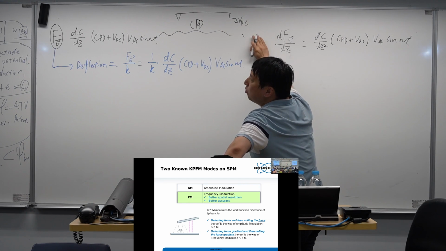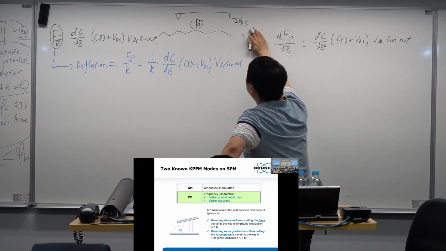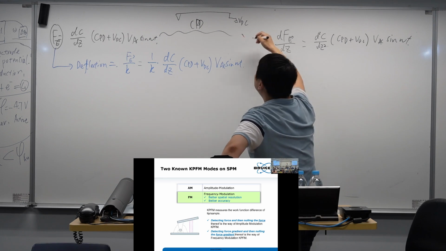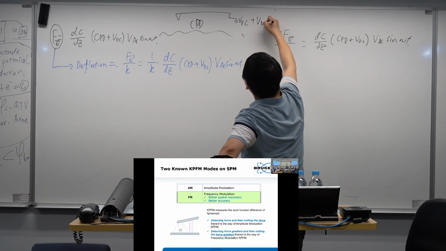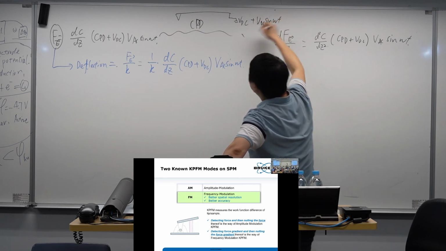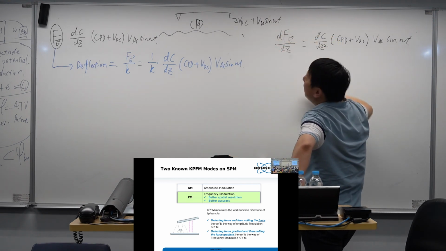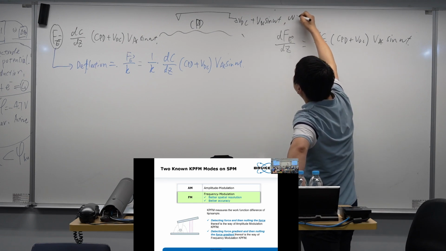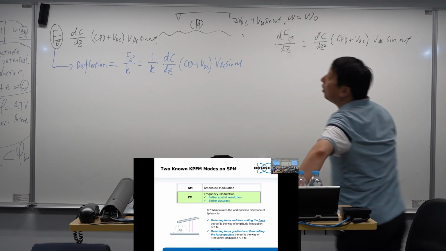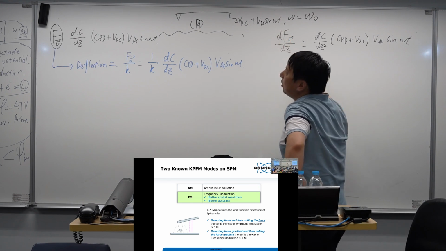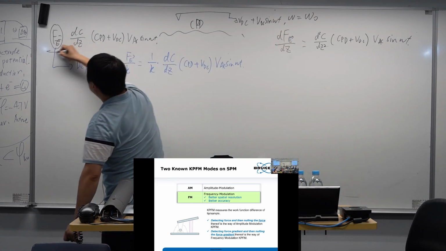To make our measurement more accurate, we apply a VAC on the tip, and we want this measurement to be more sensitive. We make this omega equal to omega 0, and our signal is from the force.